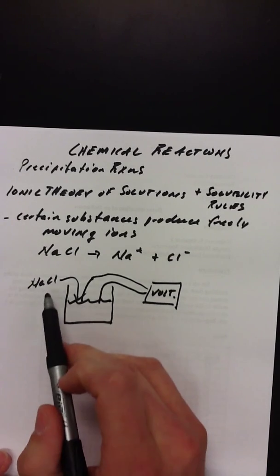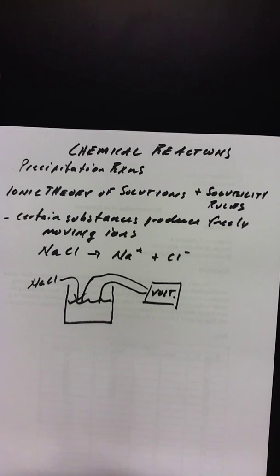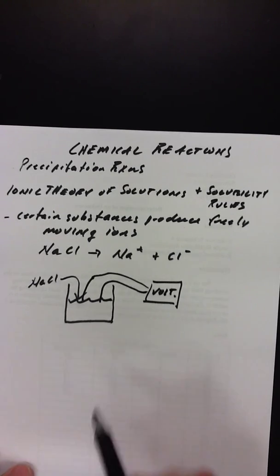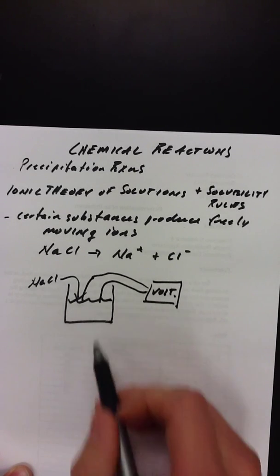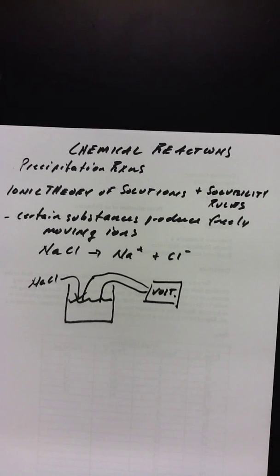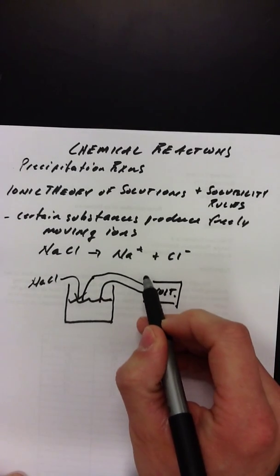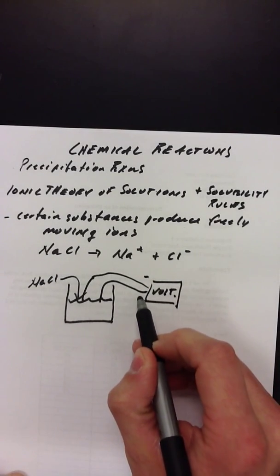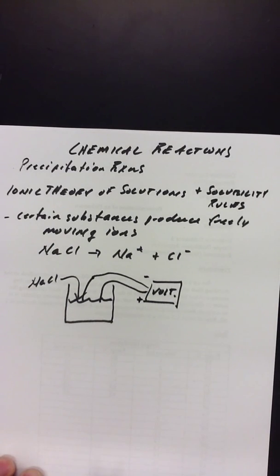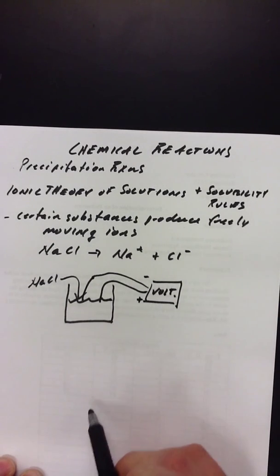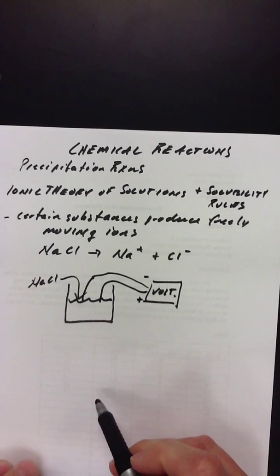We saw that when we put in sodium chloride, the resistance actually dropped, which means that there was more current passing through that solution. So the resistance went down because the sodium and the chloride ions were actually able to move back and forth. Now, in this example, we had a minus sign and a plus sign, or a negative charge and a positive charge, just like you would have in a normal battery.